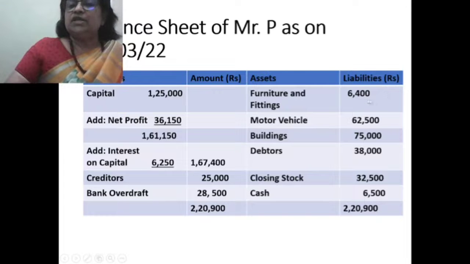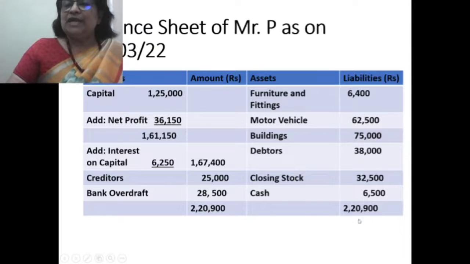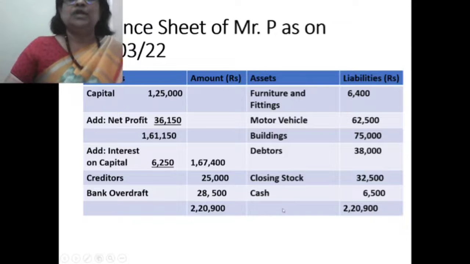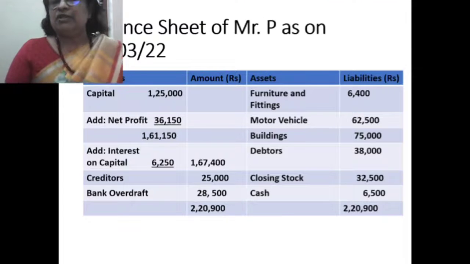Furniture and fitting 6,400. Motor vehicle 62,500. Building 75,000. Debtors 38,000. Closing stock 32,500. Cash 6,500. So total of the liability, total of the asset side 2,90,900. Total of the asset side also 2,90,900. So the balance sheet is tallied and our calculation is correct.